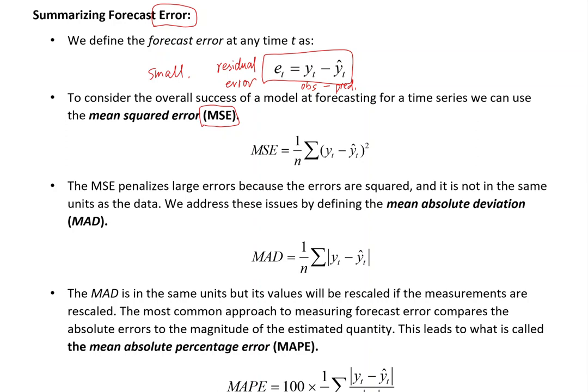So actually this is the formula of MSE, which is the observed value minus the predicted value, which is the residual, right? So we have the residual squared and then get the average of that, right? So we call it mean squared error, right?